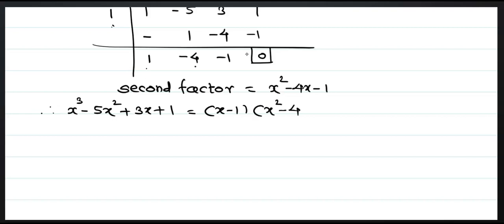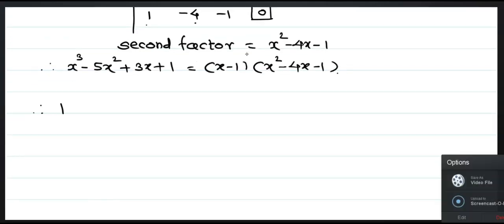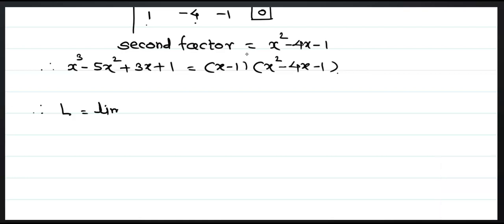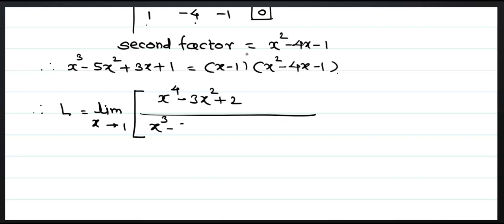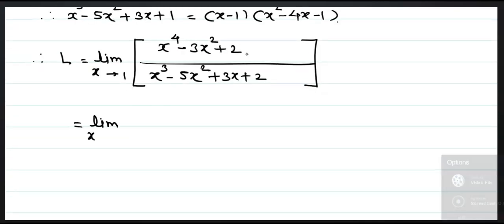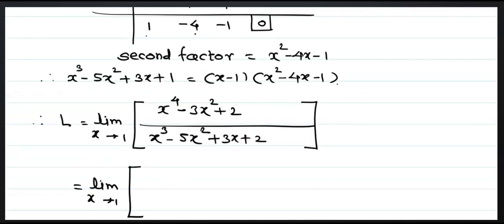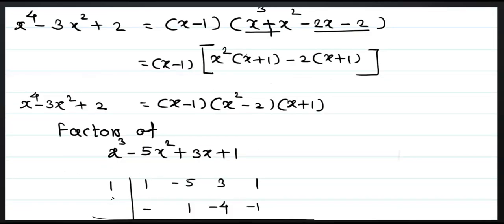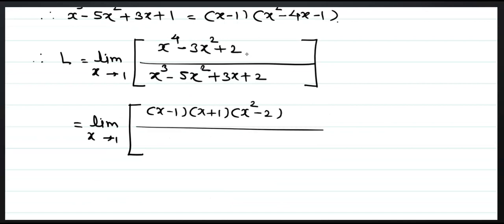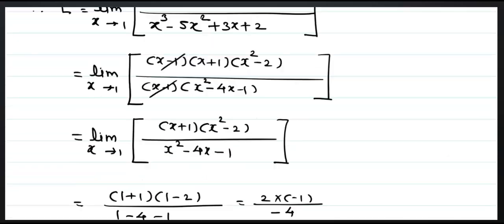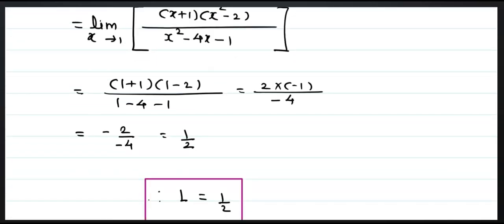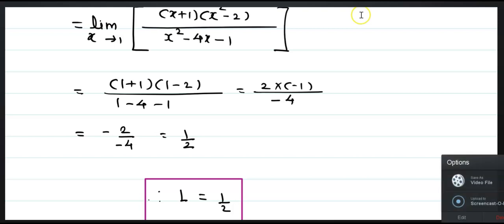And overall, the factors are written in this manner. You can write also. Therefore, limit x tends to 1, x raised to 4 minus 3x square plus 2 upon x cube minus 5x square plus 3x plus 1 is equal to. Now write down their factors. All the factors are written very clearly.